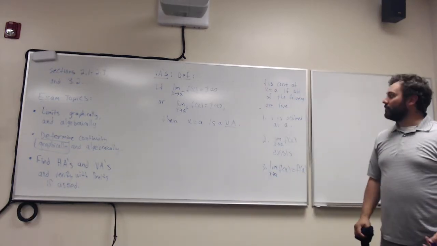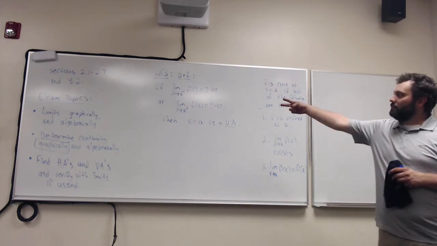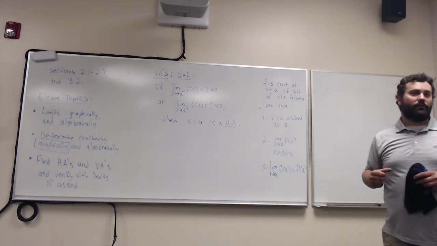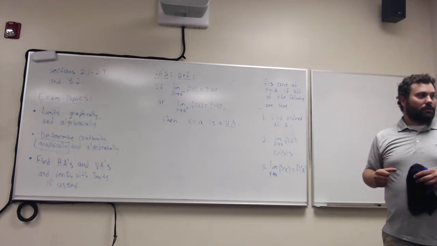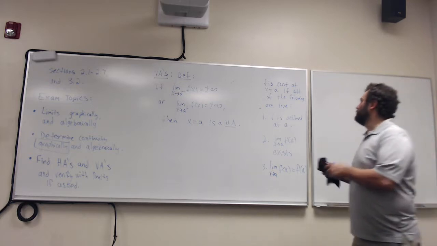Okay. But this doesn't really give you a good procedure for telling you what the vertical asymptotes are. Okay, this is just something you use to verify that something is a vertical asymptote.